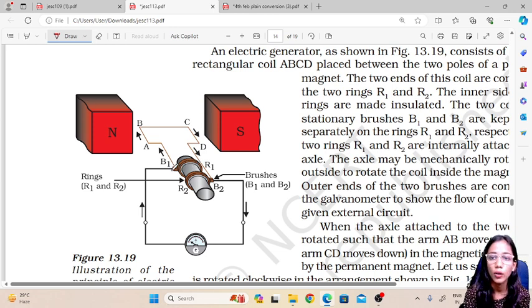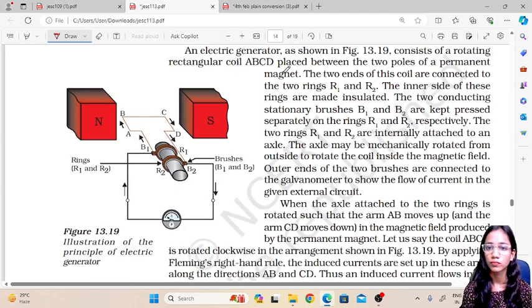and then there is arm CD connected to the... sorry, they are not split rings, they are complete rings. Okay, they are full rings. Arm AB is connected to the full ring R1 and arm CD is connected to the other ring, that is R2. There are two conducting stationary brushes, B1 and B2.